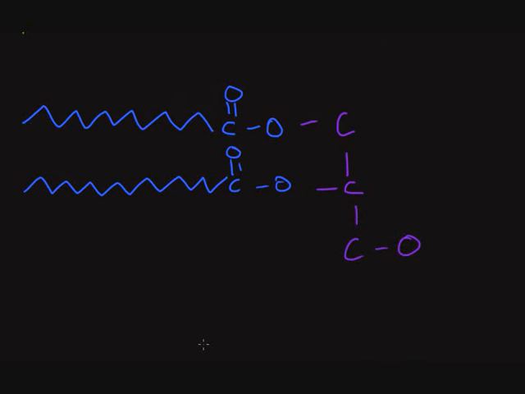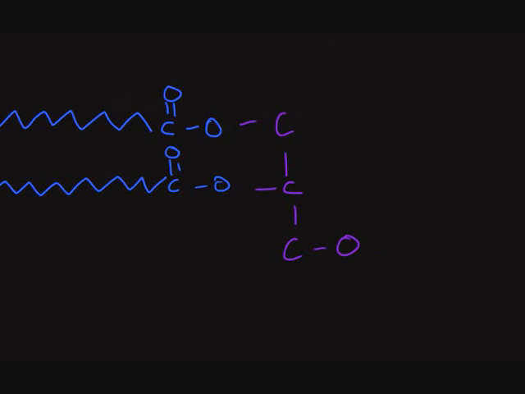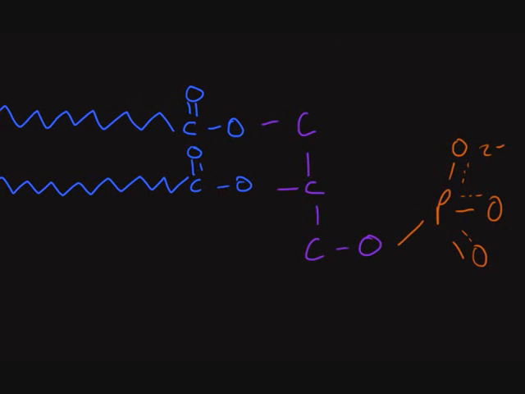That's in turn attached to a phosphate head. So there's our phosphate here, and we'll draw it in its ionized form. So you can see we've got three main parts to it really: the fatty acid legs, the glycerol base, and the phosphate head here.